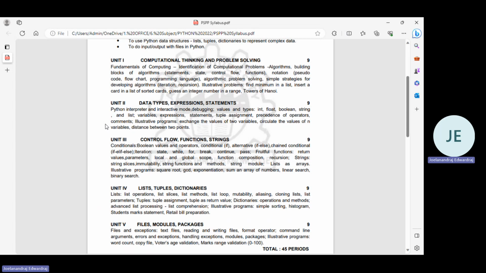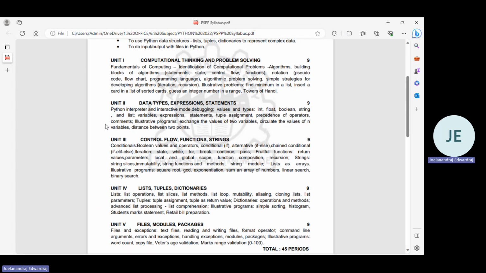The third unit will describe how to control the flow of execution in a program. Let's take a sequence of steps to perform a task. How to control the sequence? Whether every action in a sequence has to be done only once, or certain steps have to be done twice or thrice, or certain steps need to be ignored.